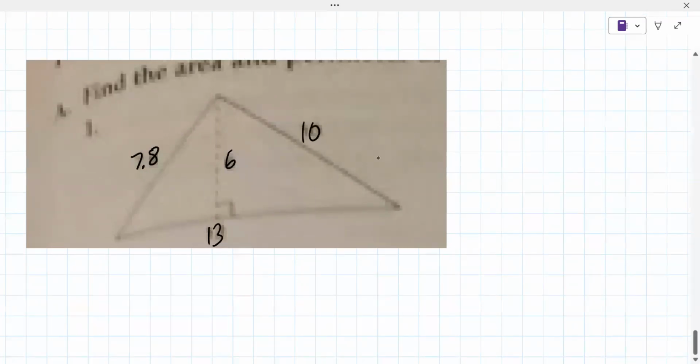This is 10. So do the perimeter and the area again for me, please.